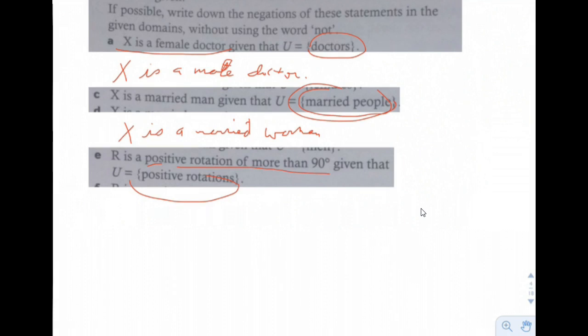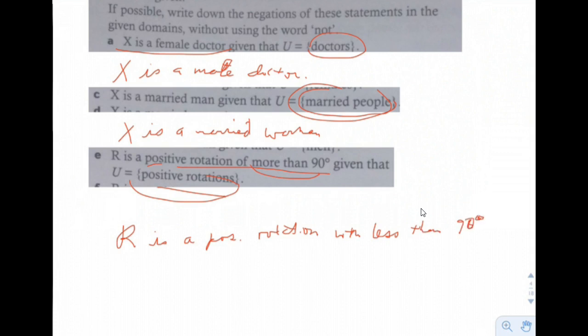So if all the positive rotations can be any number of degrees, and they're saying R would be more than 90 degrees, we're going to say, well, the other possibility is R is a positive rotation, because we're saying the universe of positive rotations, with less than 90 degrees. Okay?